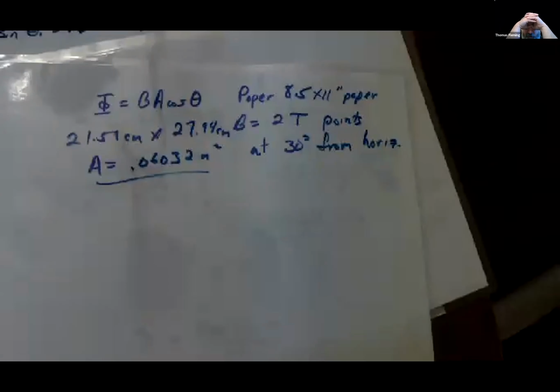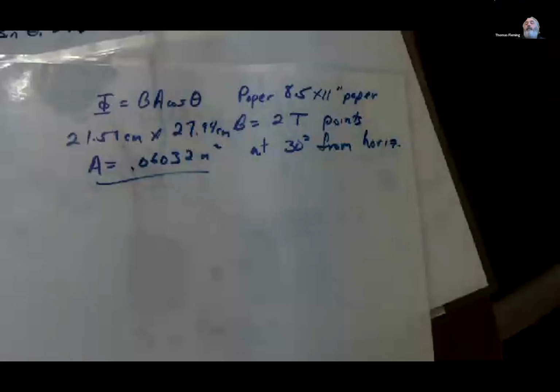Let me know when you have an answer. 0.104? No. How'd you get 0.104? I multiply 2 by A, by 0.06 times the cosine of 30.